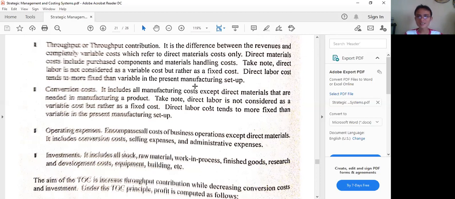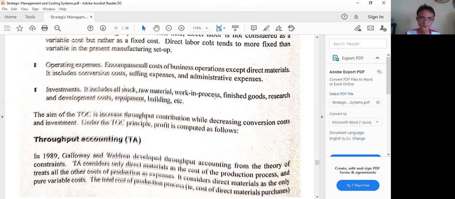But in the case of CVP, cost volume profit analysis, cost behavior and estimation, which is also under management accounting, it is in fact a variable cost. That's short-term analysis, and in the long run, it is also variable. So basically, even in the same discipline, they have differences in terms of assumptions. So hopefully that is clear. All right.